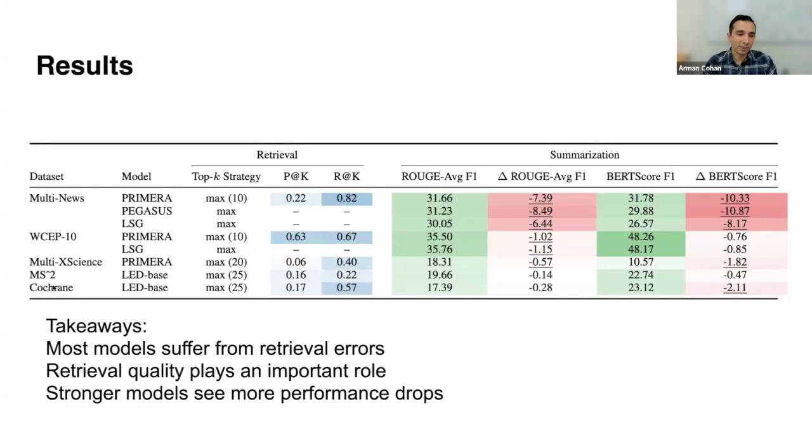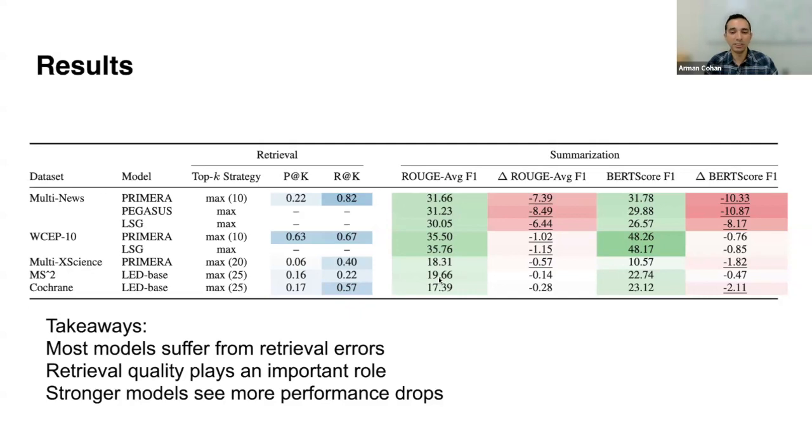It is interesting though, we were curious why on data sets like MS squared, you don't see as much of a drop in performance. MS squared is kind of a review generation data set. And we found that in this data set, the task is very hard already, and the model is not able to use the input documents very well in the beginning.